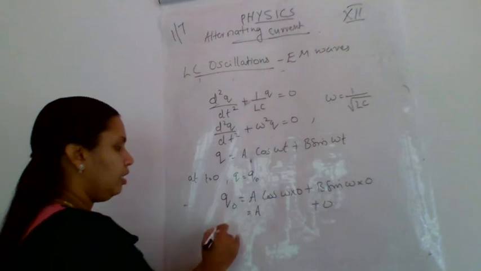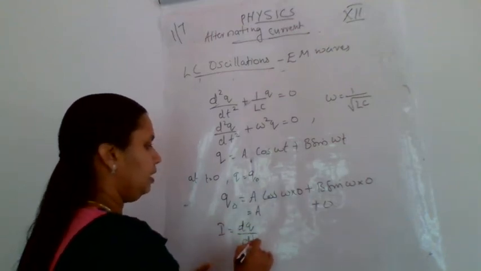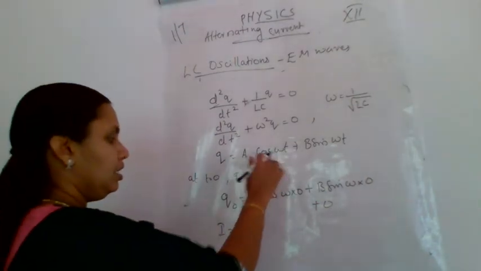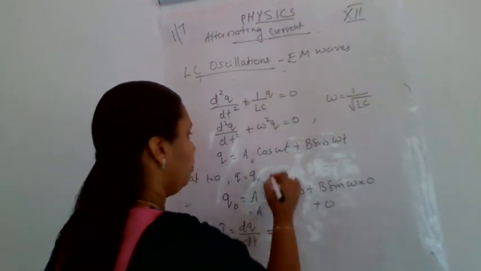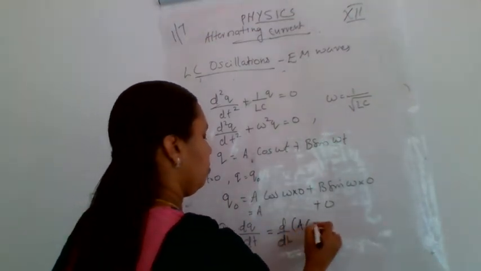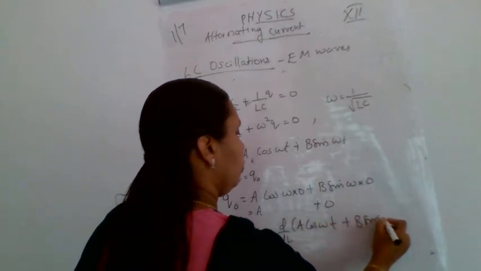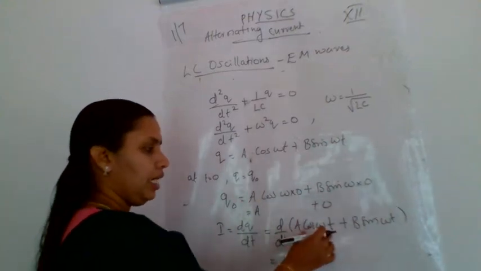What is the current? We know current I is equal to dq by dt, isn't it? The current will be dq by dt. So differentiate this equation 1. That is d by dt of q, which is a cos omega t plus b sin omega t. Okay, two terms we can consider.